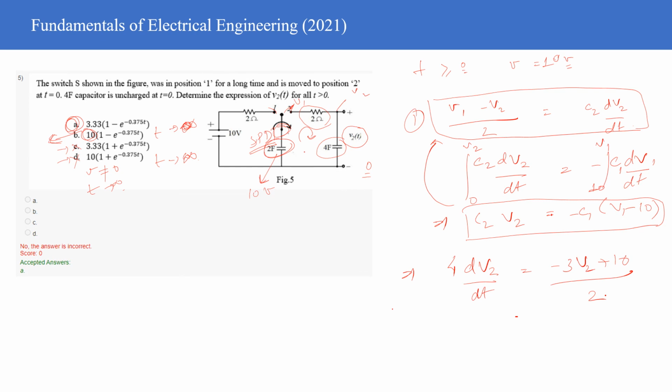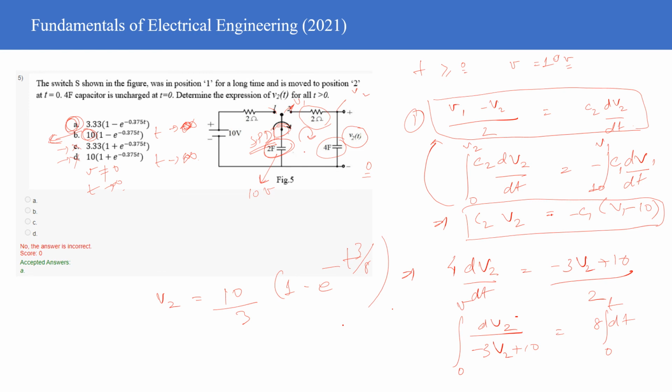Now if you have this expression with you, like we have solved numerous times, this is nothing but minus (3 V2 plus 10) divided by 8 times dt, with limits 0 to time t, and 0 to voltage V. So you will get V2 as 10 by 3 times (1 minus e to the power minus t divided by 3 by 8), right?